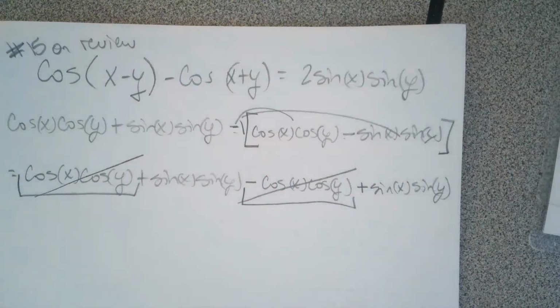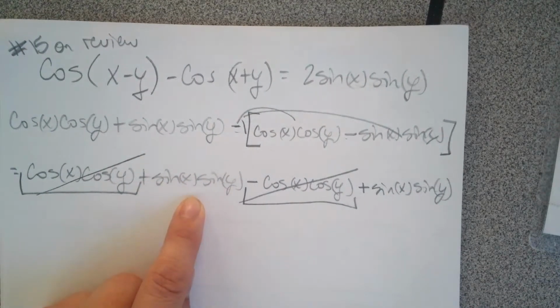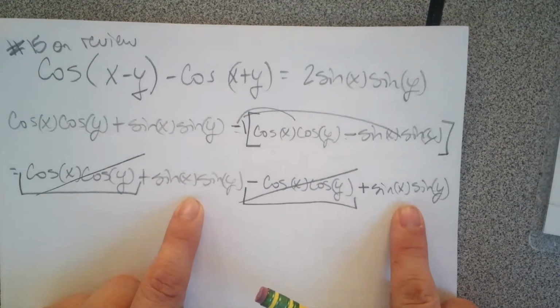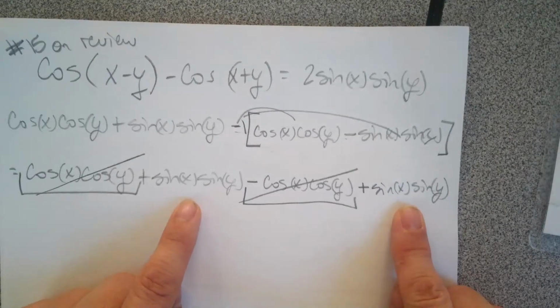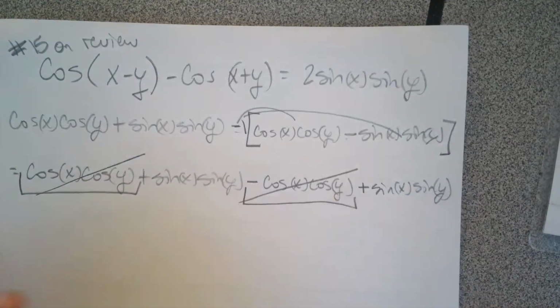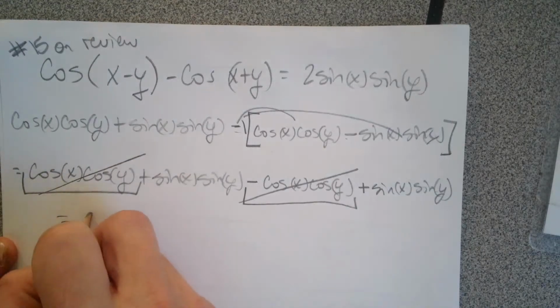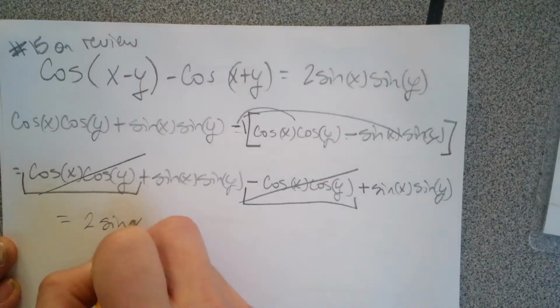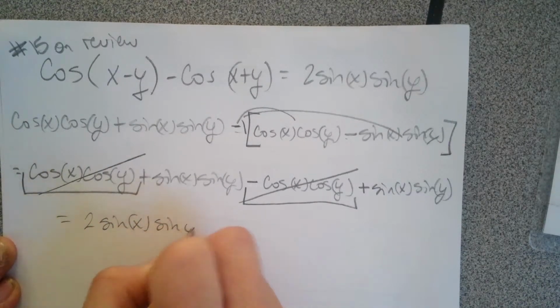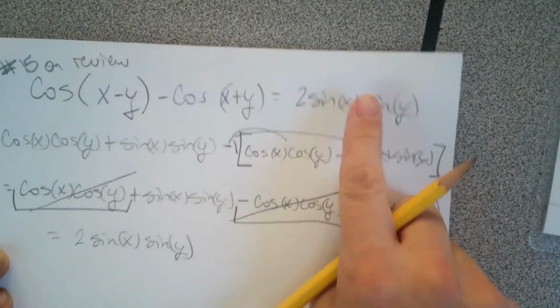All right, what else do I have? I got sine x sine y and sine x sine y. How many of those do I have? I got 2 of them. Which is exactly what I wanted.